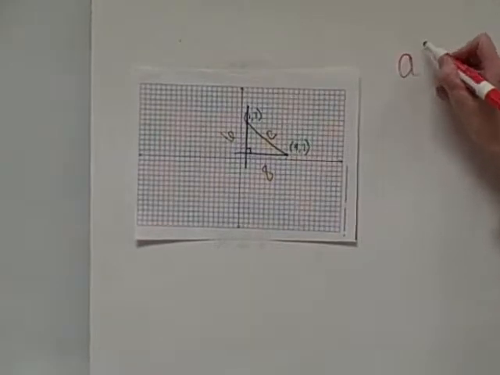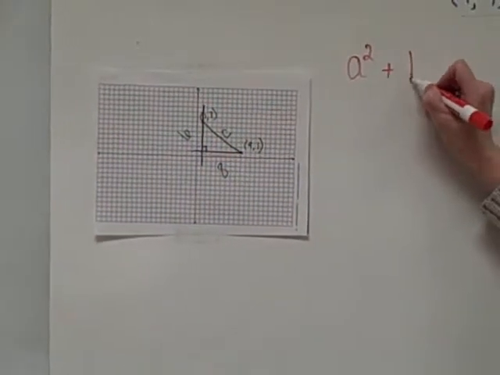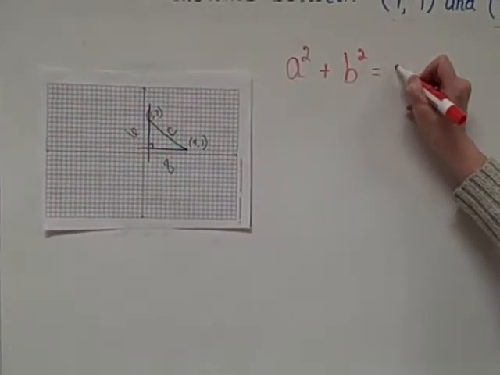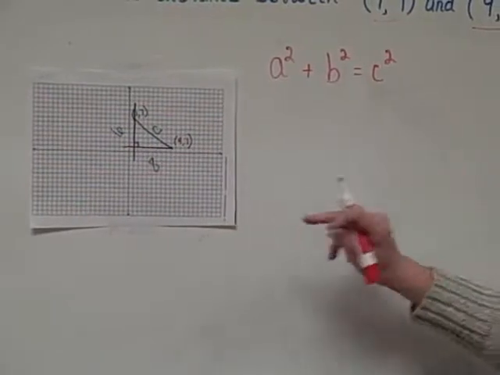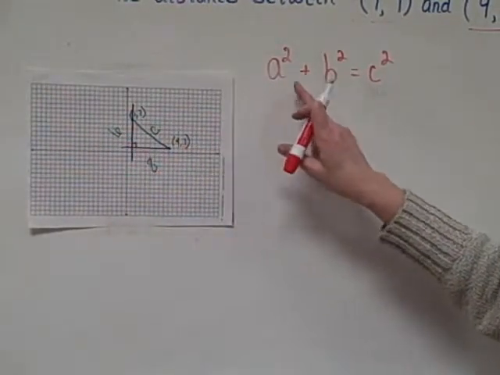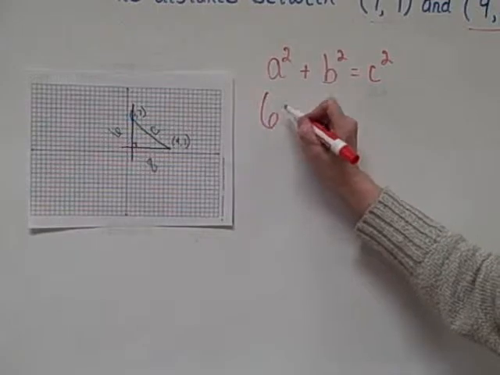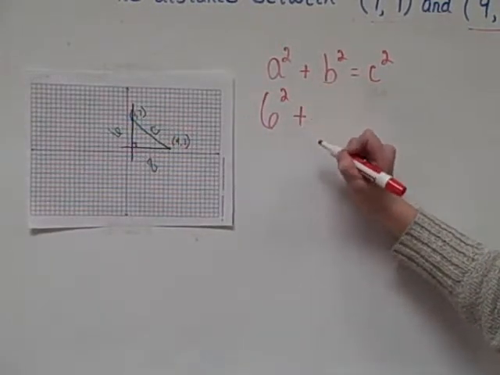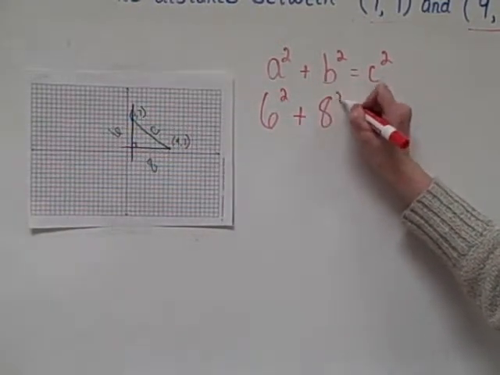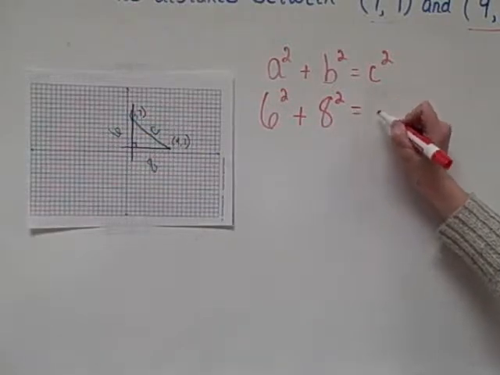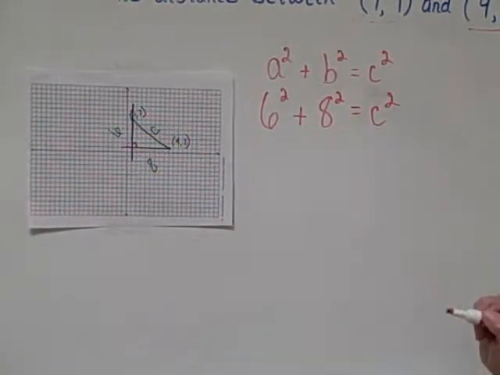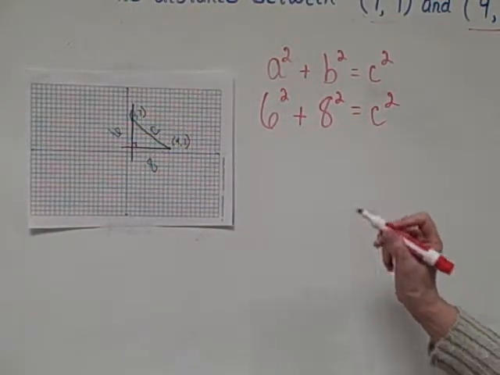So my Pythagorean theorem, a squared plus b squared equals c squared. My legs are always a and b. So 6 squared replaces a, 8 squared replaces b, and then I complete the rest of my equation.